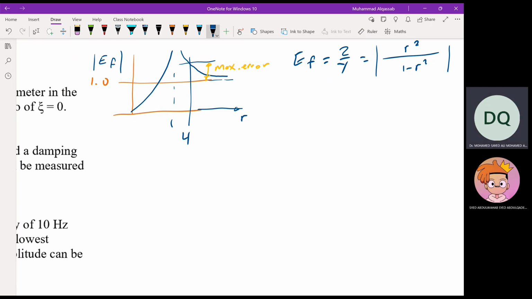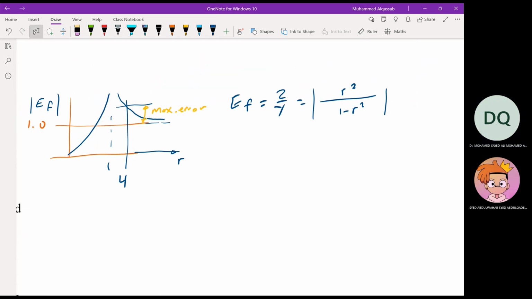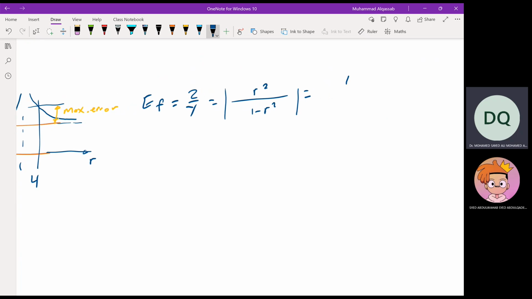Otherwise, if this is not the absolute, this will come from here, negative. Okay, so I will use the absolute. Okay, and we put 4. This will be 16 divided by 15. And then we can calculate this value.